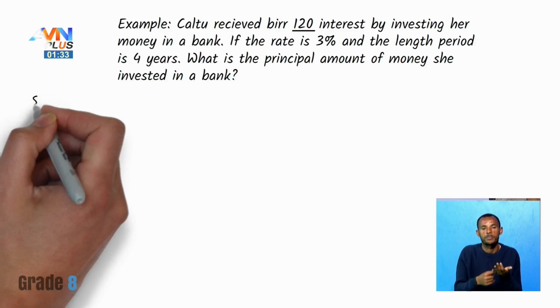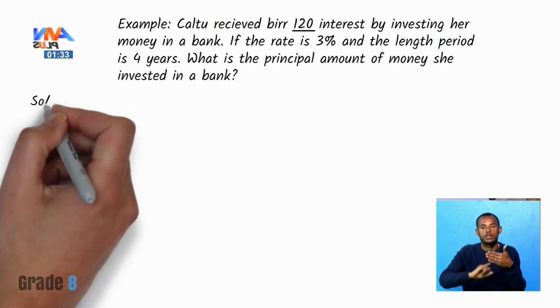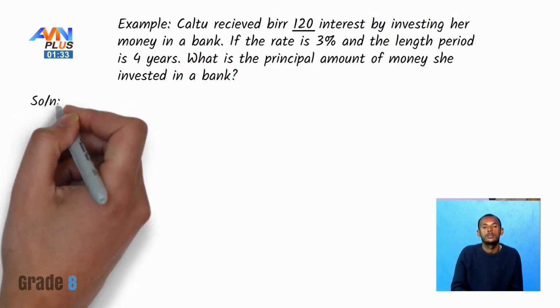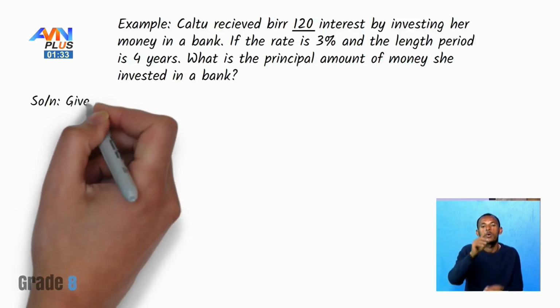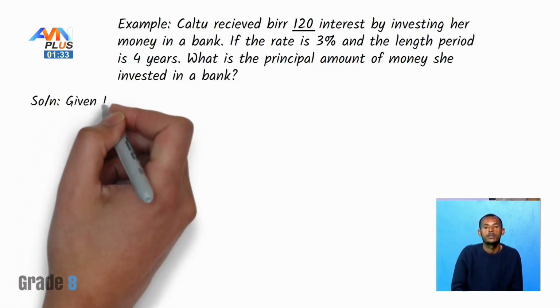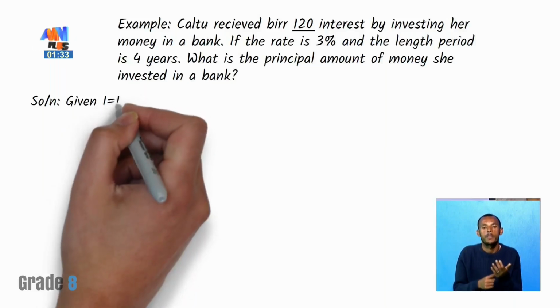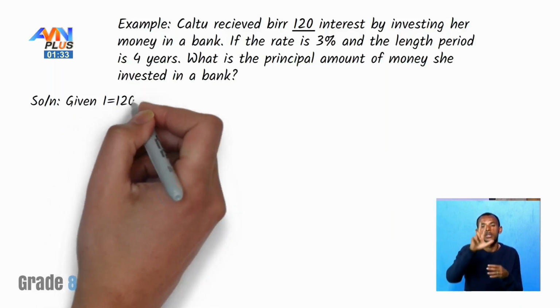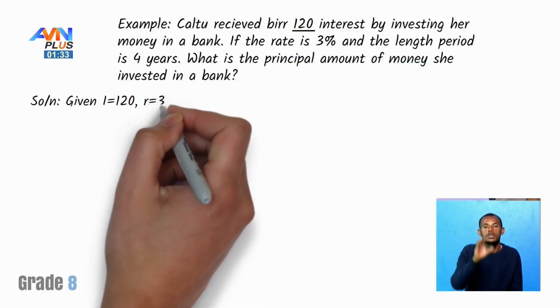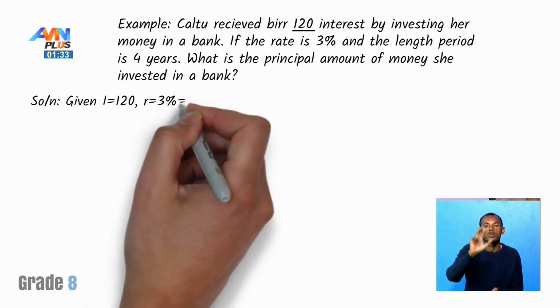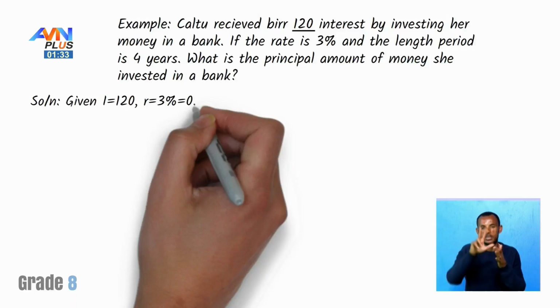What is given? The interest is given. It's given that the interest, usually denoted by I, is 120. The other information is we have the rate, which is 3%. 3% can be written in the form of 0.03 because 3% means 3 over 100.